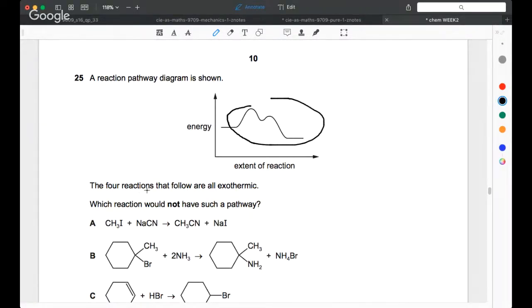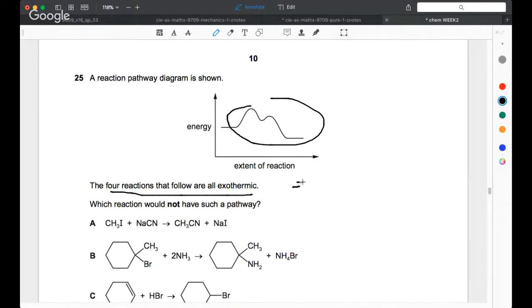So what information can you get from there? Two intermediates, because it has two peaks. So what does it mean in terms of reaction pathways? Which means how many steps do you have for the reaction?